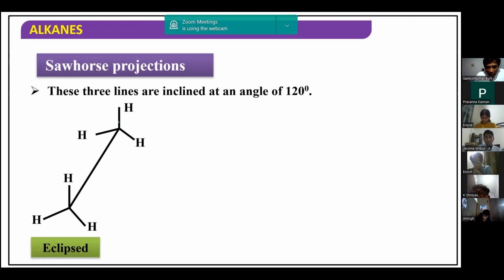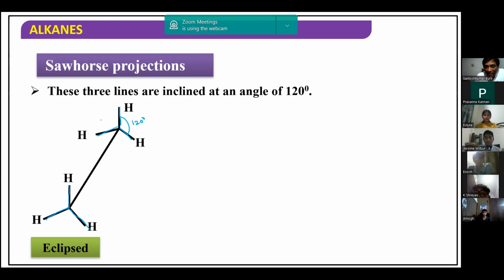You can see an inverted Y over here, and here also we write an inverted Y. Keep in mind that the angle between these CH lines will be around 120 degree here. Actually, it is not 120 degree, it is 109 degree 28 minutes, but while representing the Sawhorse projection, we make it 120 degree. So both are inverted Ys, which means all CH bonds are nearest to each other.